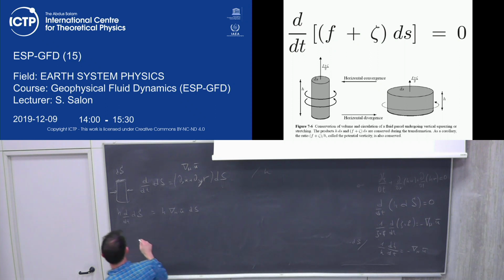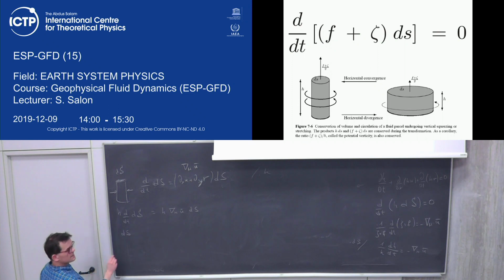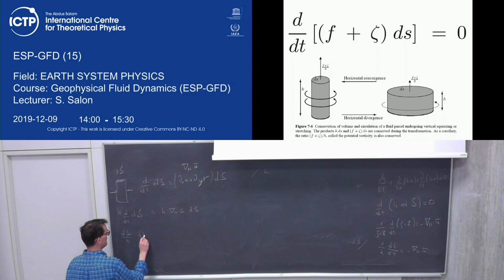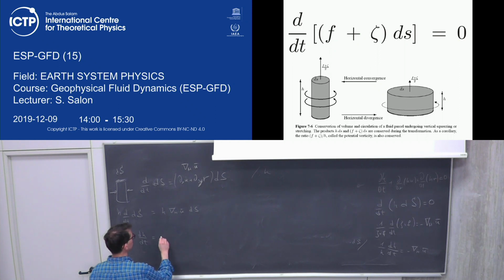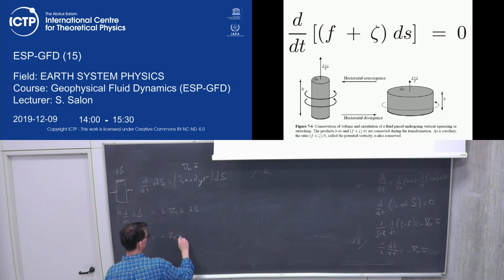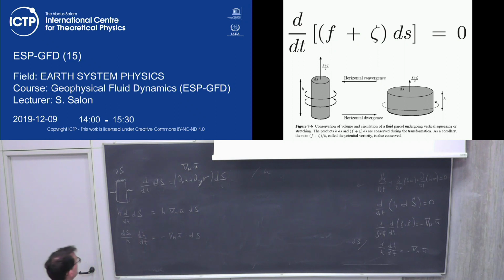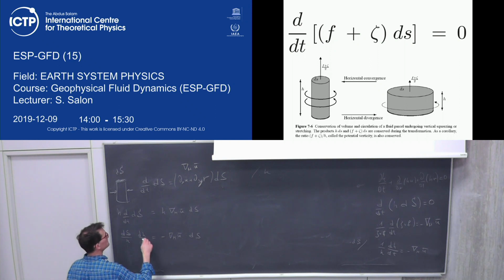So I have ds over h dh dt, which is equal to minus, so, okay, I can delete this one.